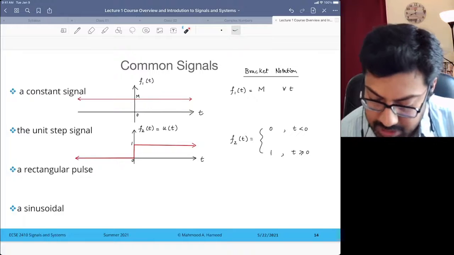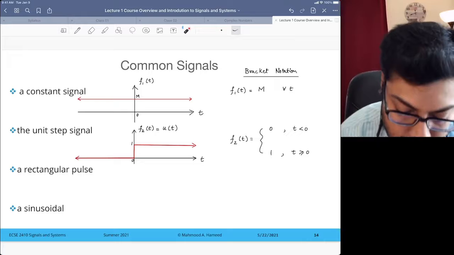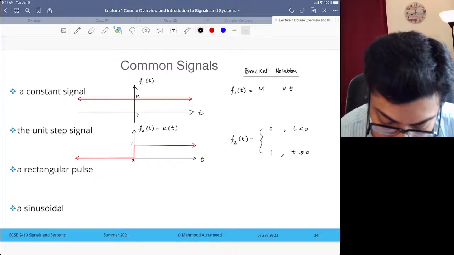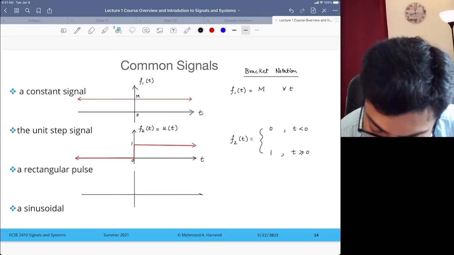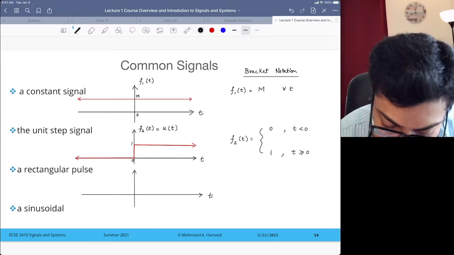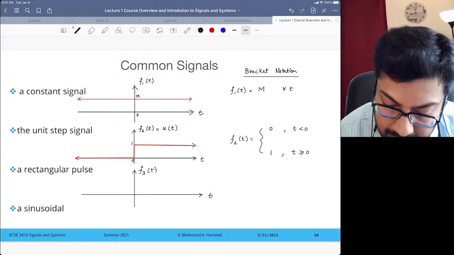Okay, we have got unit step here. Next, we go to a rectangular pulse. All right, so let's do a rectangular pulse. We are calling this f3 of t. And I will use some rectangle.